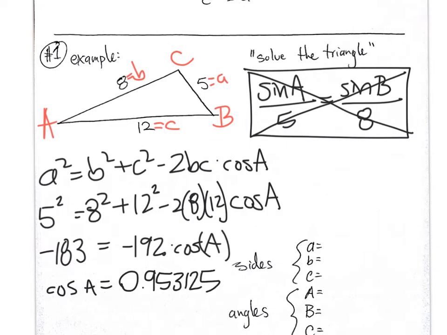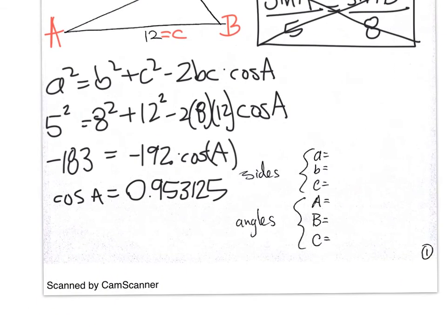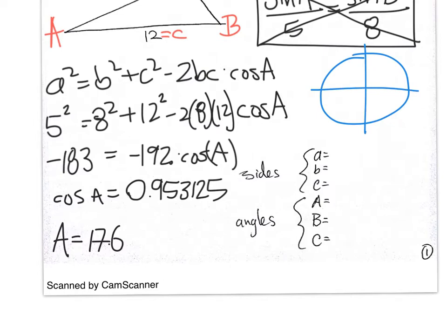Whoa. And then, to find the angle A, we would take the inverse cosine of both of these. And here's what your calculator is going to tell you. A equals 17.6. Okay, let's think about the unit circle again. So, on the unit circle, if the cosine is 0.95, it's like way out here. Remember, cosine is the x-coordinate.